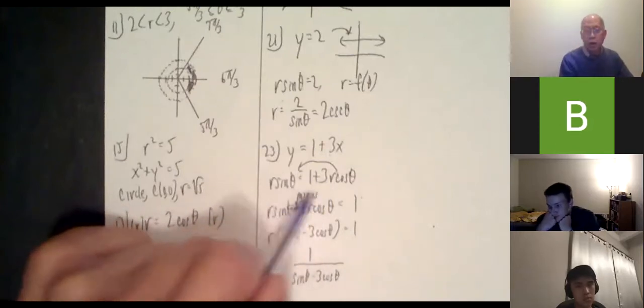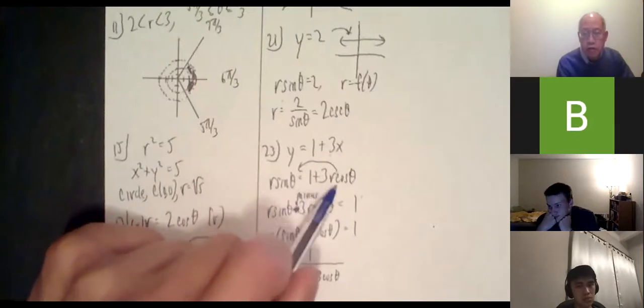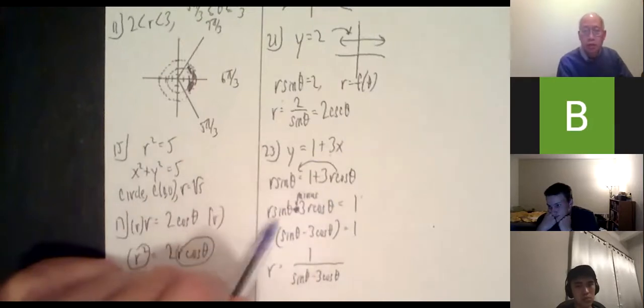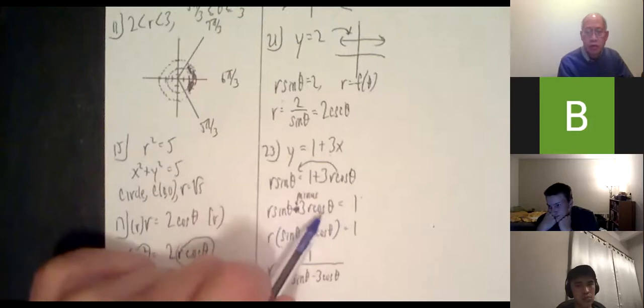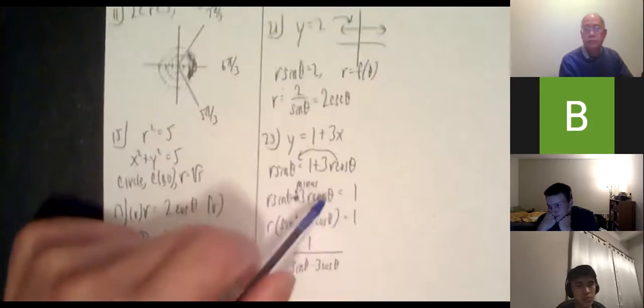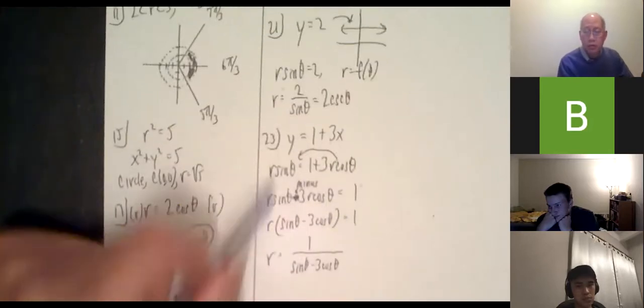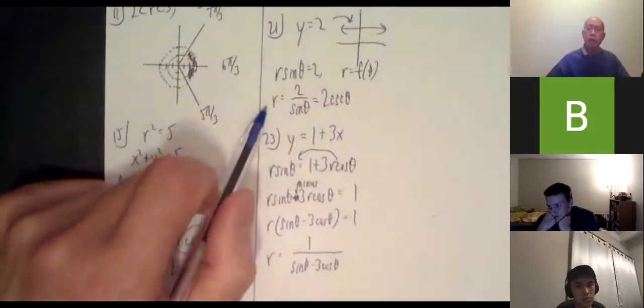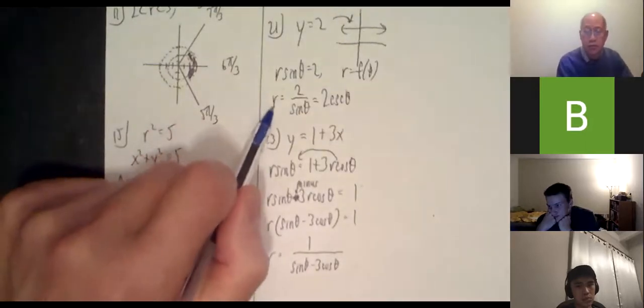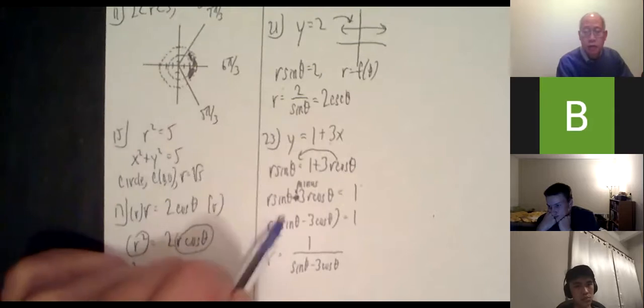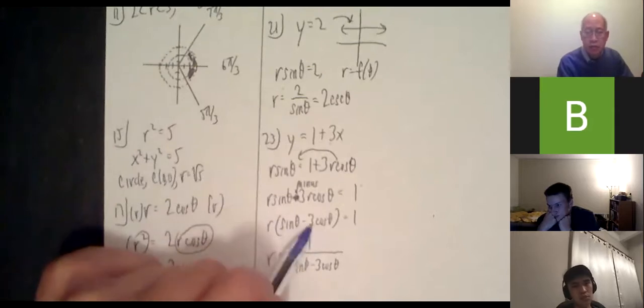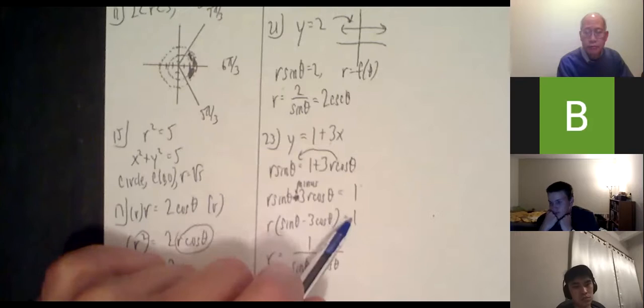All right, solve for r. So subtract 3r cosine theta on both sides. r sine theta minus 3r cosine theta equals 1. Factor out the r. We normally try to solve for r. It's usually r as a function of theta, just like y is normally a function of x. So r times (sine theta minus 3 cosine theta) equals 1.